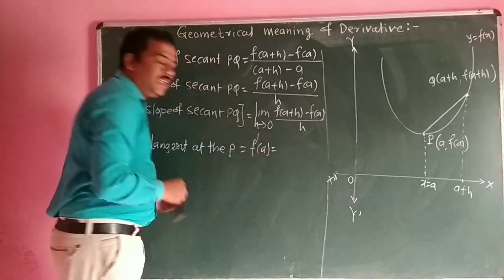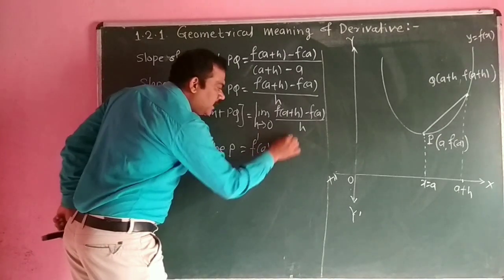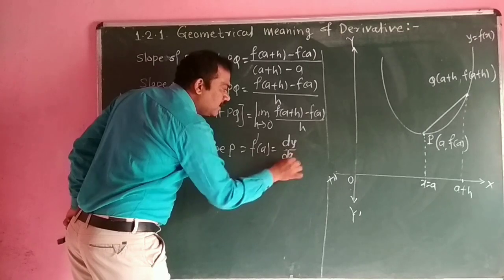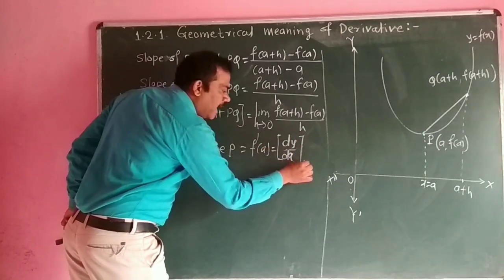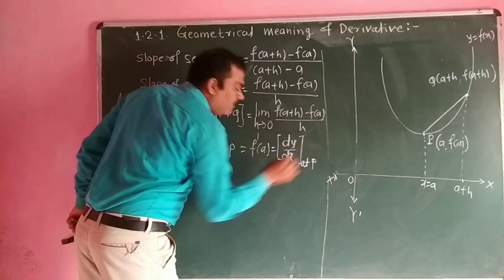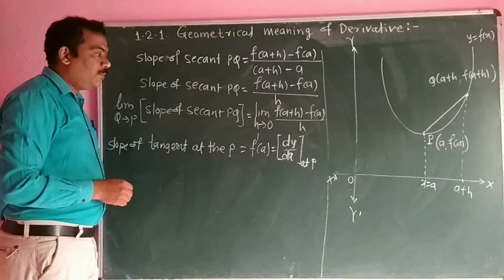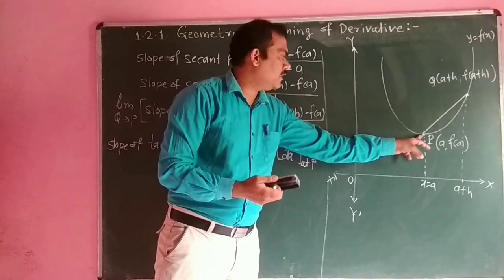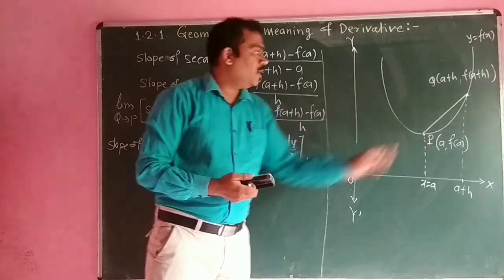And f dash of a, in another way, we can write as dy by dx, the value of dy by dx at P, that is at this point.